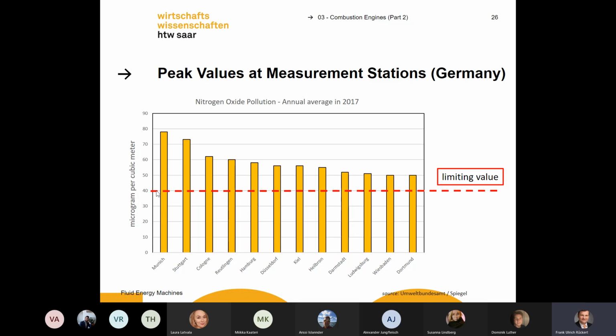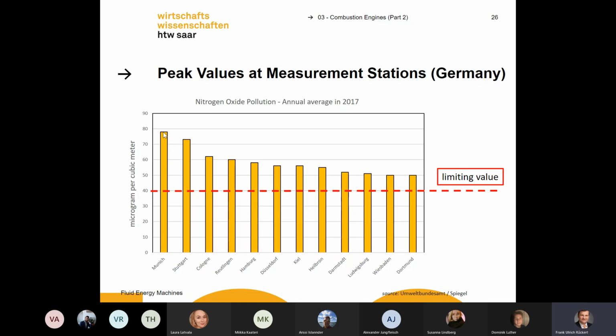Everyone knew it from the beginning when it was planned, but no one was able to stop this. We all knew this limiting value was too low. And here is a measurement that caused a scandal in Munich.